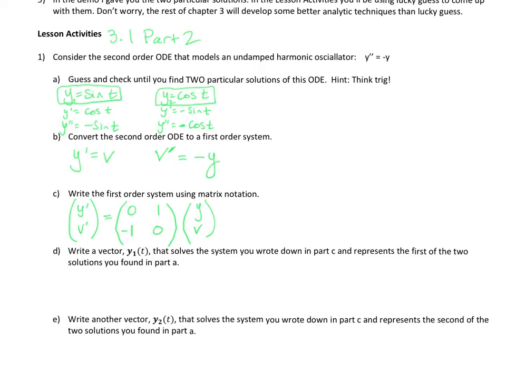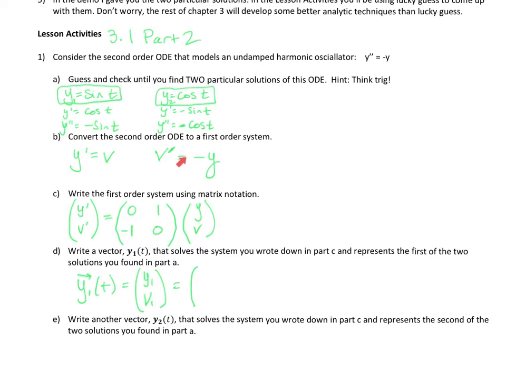Write a vector y1 of t that solves the system that we wrote down in part C and represents the first of the two solutions we found in part A. Okay, so y1 as a vector of t, that is y1, v1. So we already know y1. We found a solution to the second order equation. It's the same, because this second order equation is exactly the same as the system.